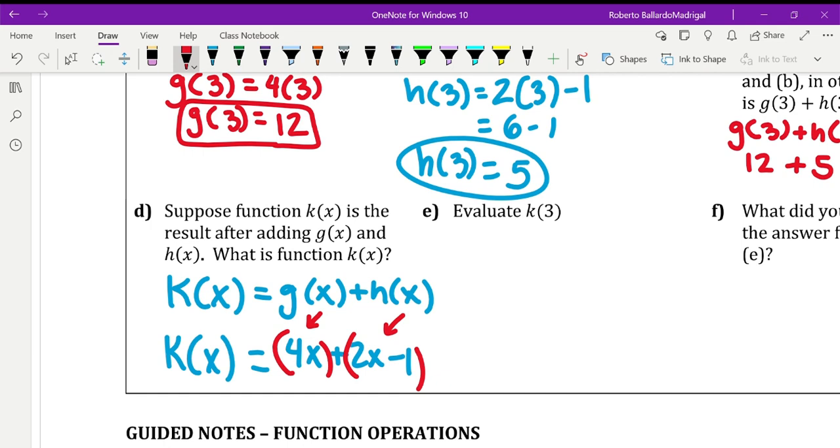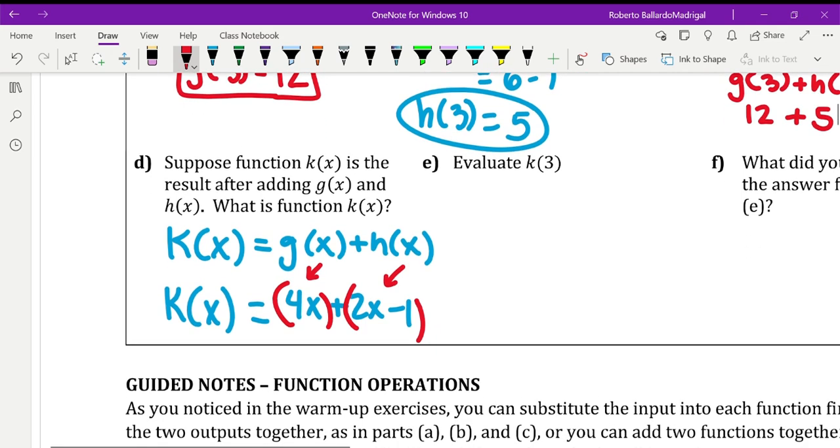Does that help? Okay. We have to put everything together. We have to combine like terms. So when we combine the x's, what do we get? Maddie, when we combine the x's, what do we get? 6x, and then we have a minus 1 left over. This will be our new equation, 6x minus 1.